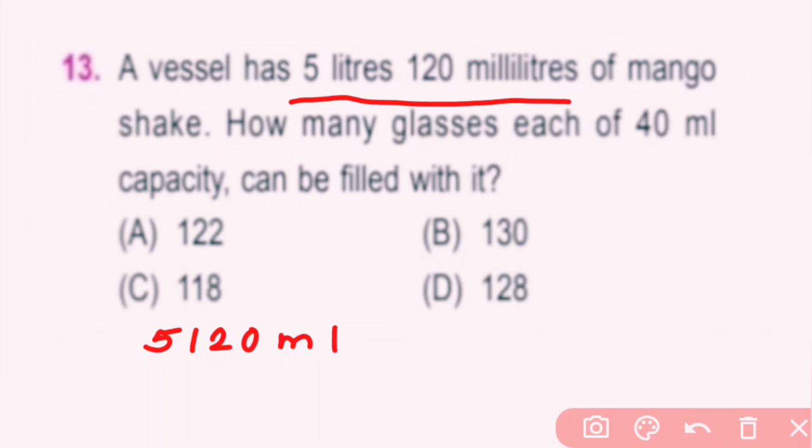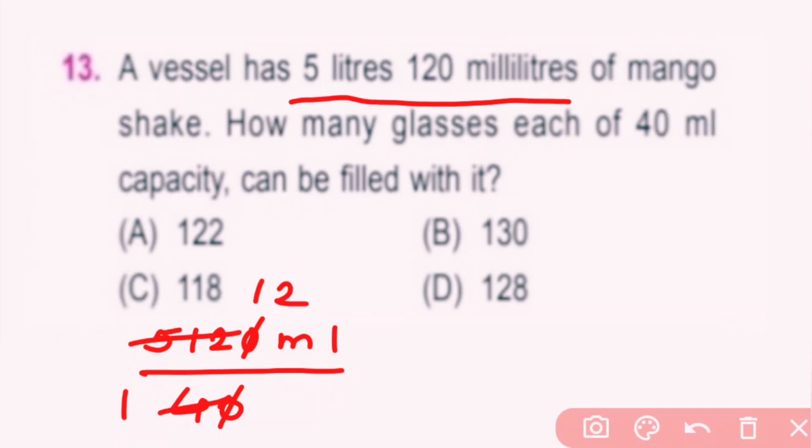Now here we divide this by 40 to find the number of glasses. So this 0 gets cancelled, 4 ones are 4, 4 ones are 4, 1 remaining, 11, then 4 twos are 8, 3 remaining, and 32, 4 eights are 32. 128 glasses can be filled with it.